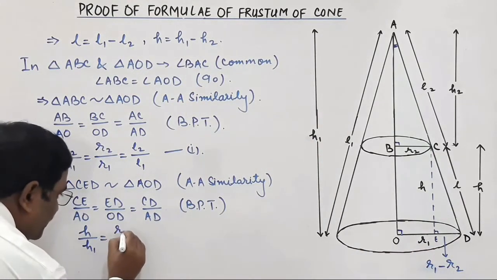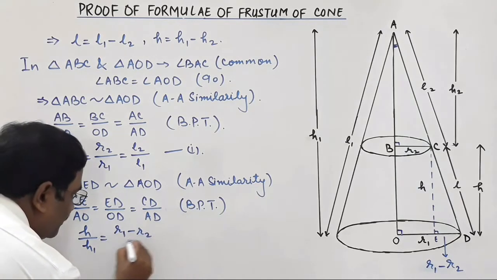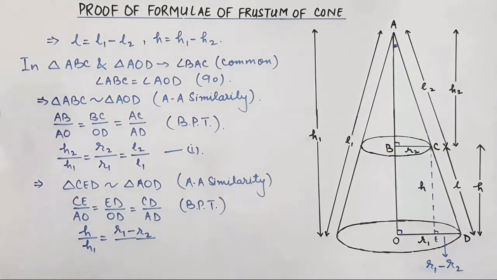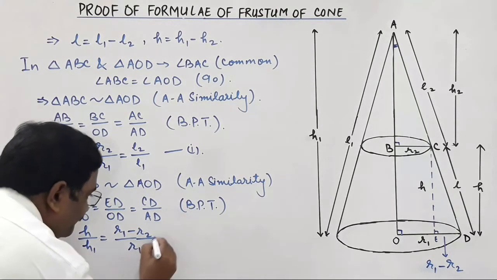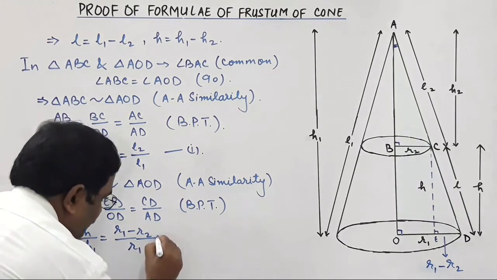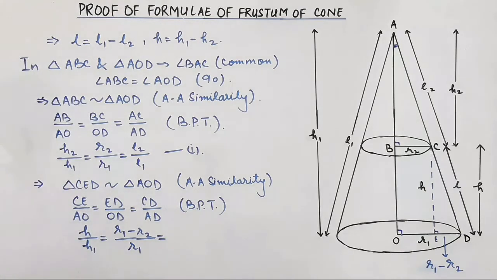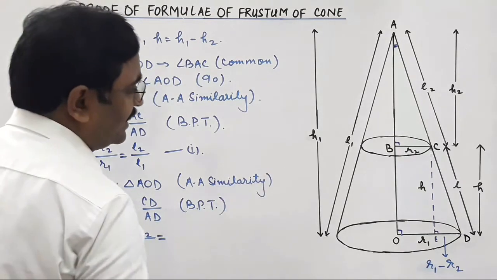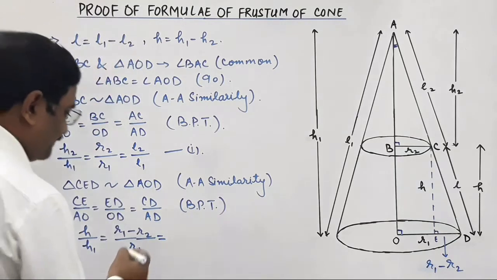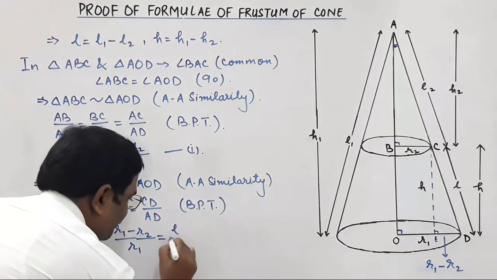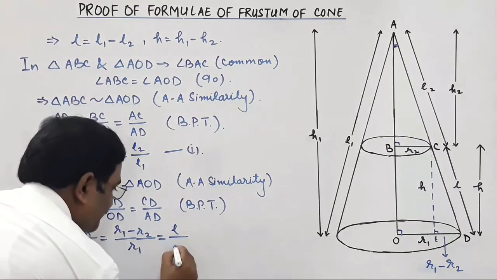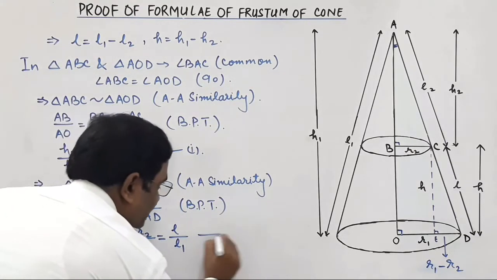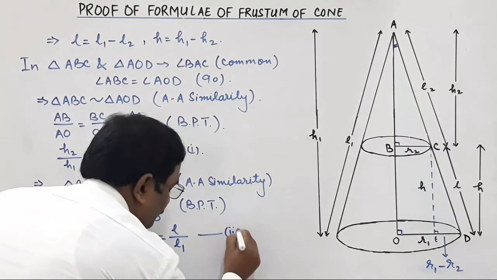So this is R1 minus R2 upon OD. OD is R1, equals CD. CD is the slant height of the frustum, L. CD is L upon AD. AD is L1. Say this is equation number 2.